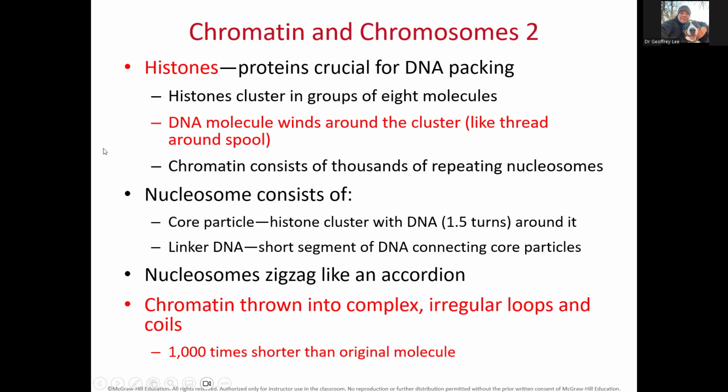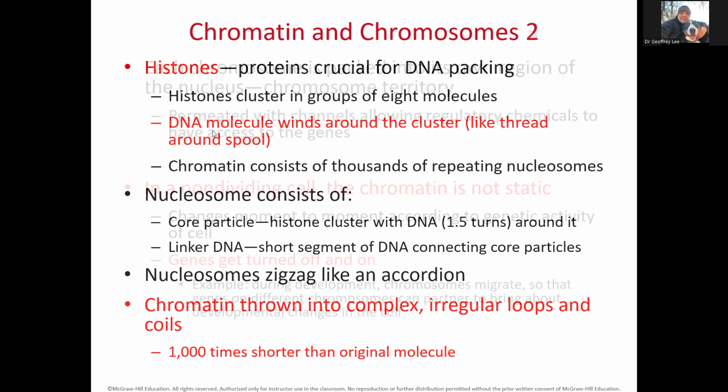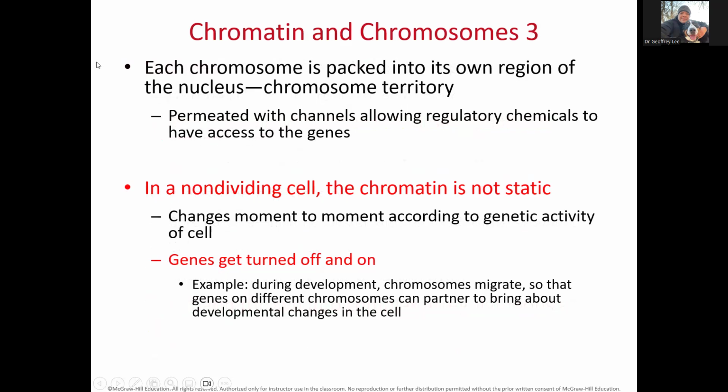When we split the sister chromatids, they become separate chromosomes again. So chromatin is what we call it when it's in the process of being replicated or in the process of cell division. Once we're done with cell division, we call it a chromosome again.